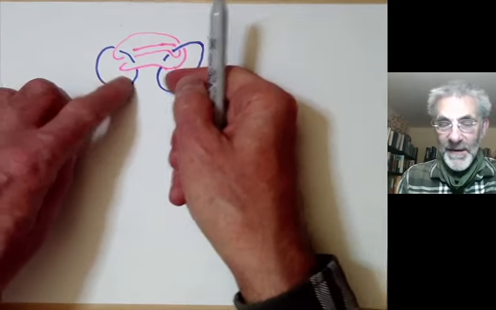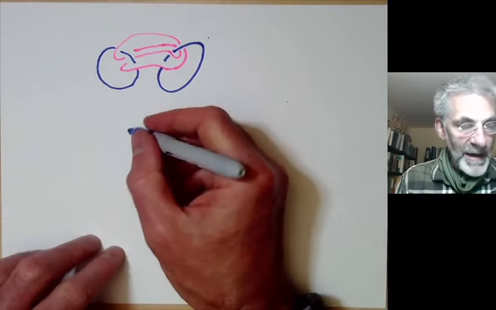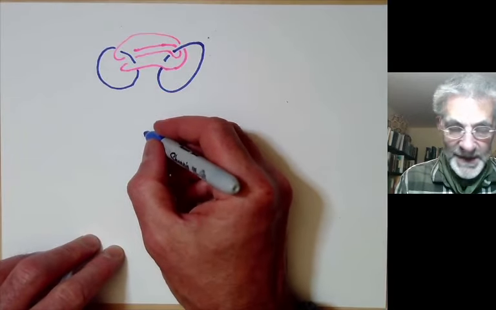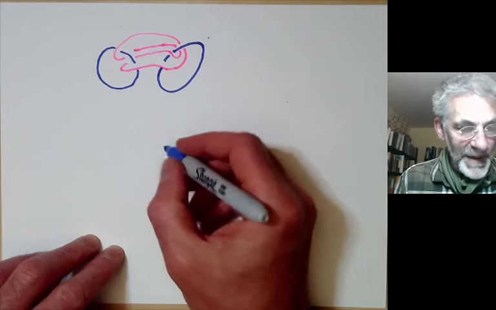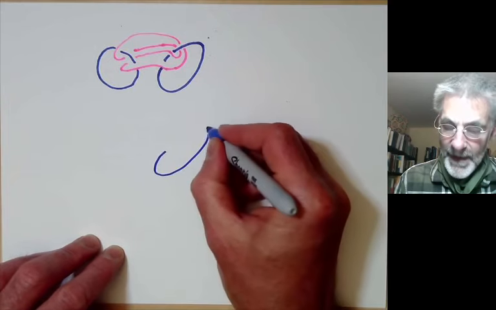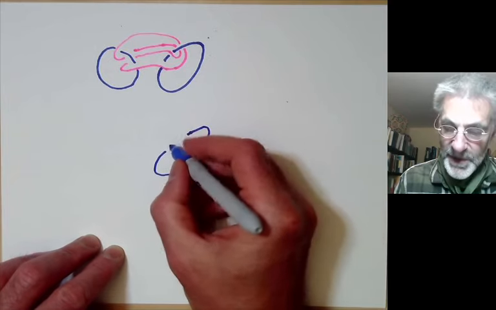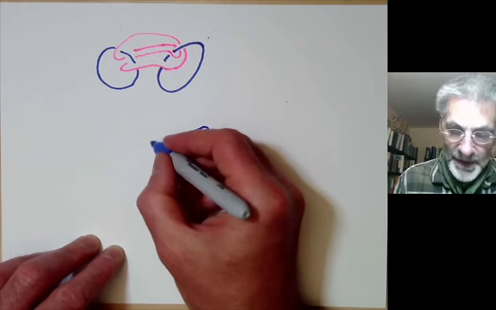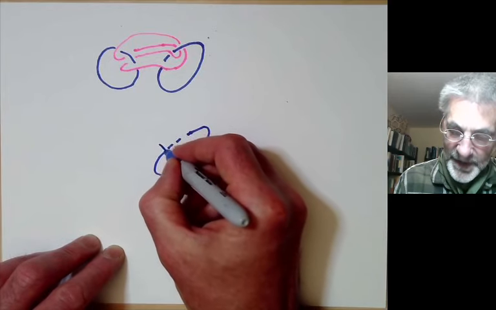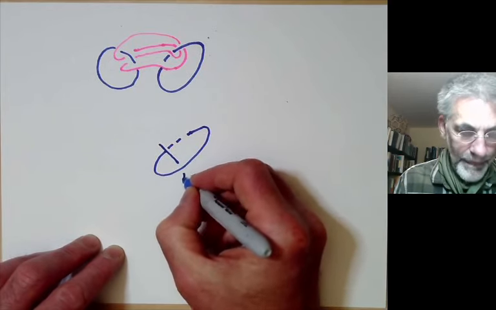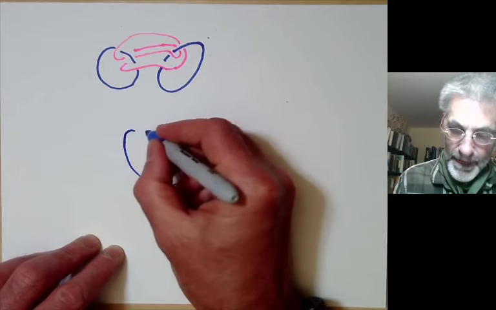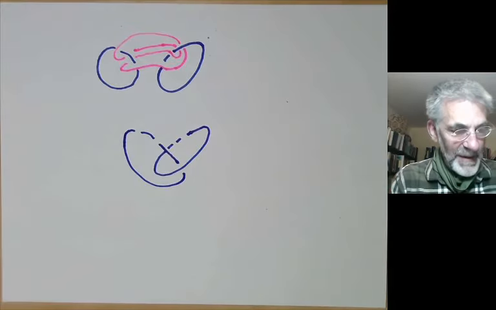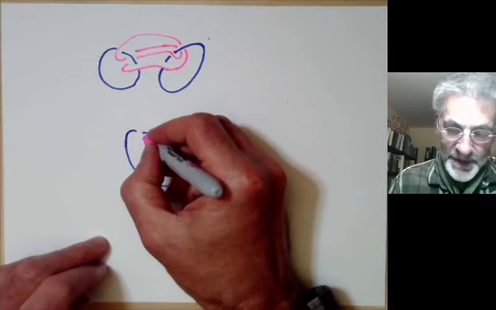Well, now suppose I take these two blue circles and I kind of join them together. So I'm going to take exactly the same picture as before, except I'm going to move these two blue circles so that they are linked with each other like this. So otherwise I'm going to take the pink loop doing the same thing.